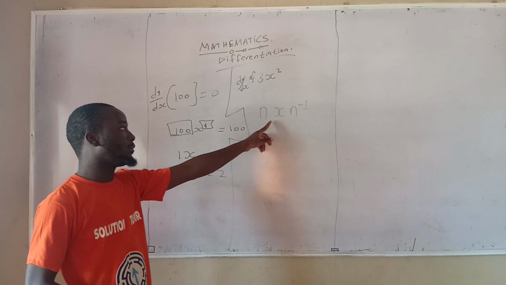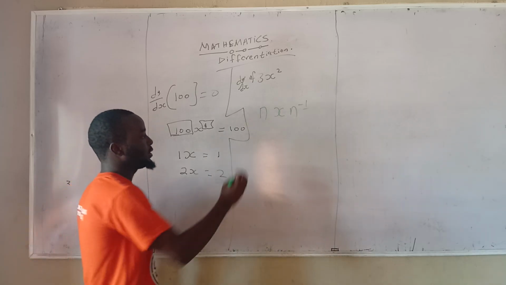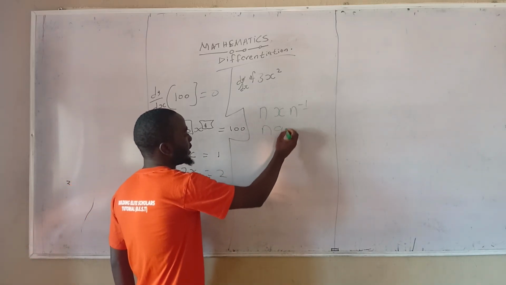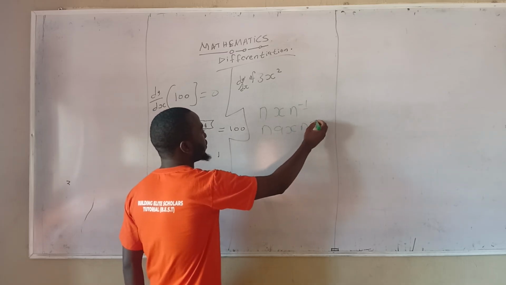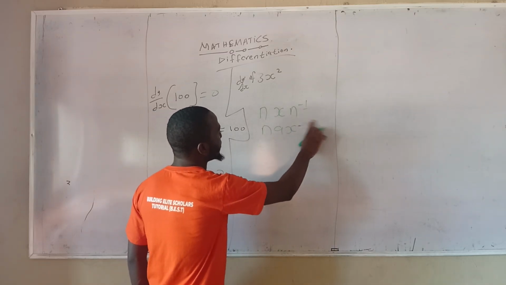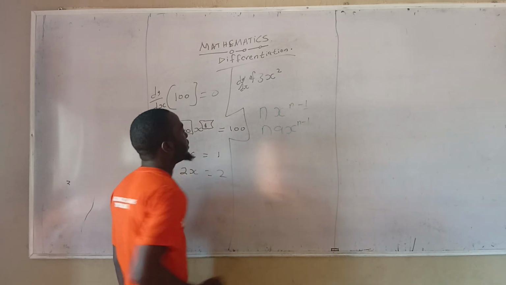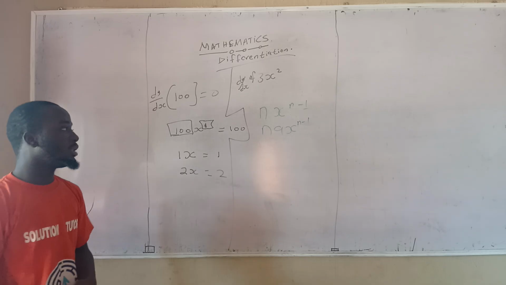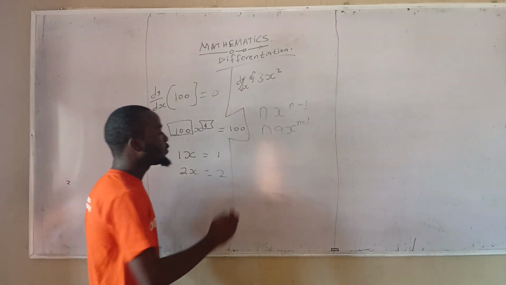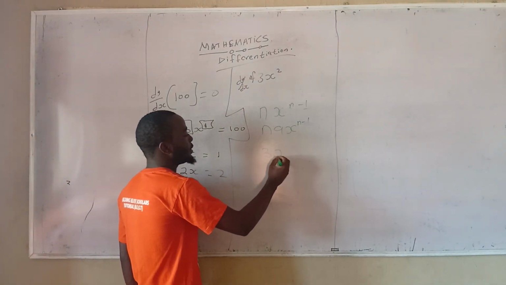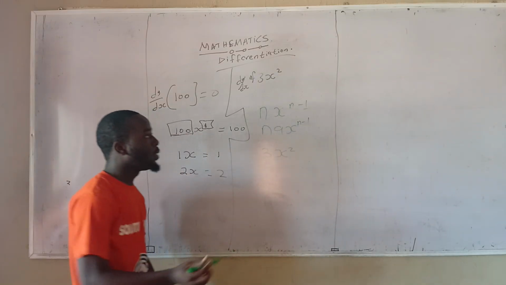In case there is a coefficient of x, it is n a x raised to power n minus 1. So what does it mean? In this case you have to differentiate 3x squared.